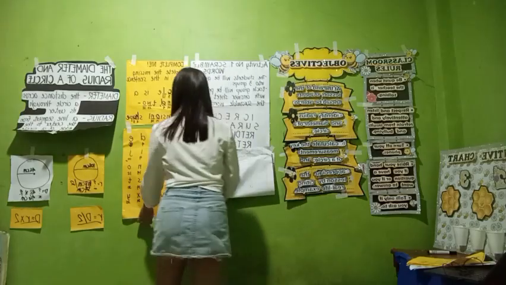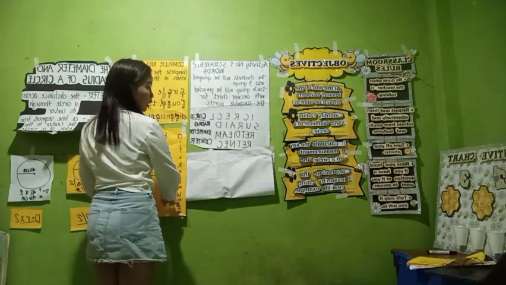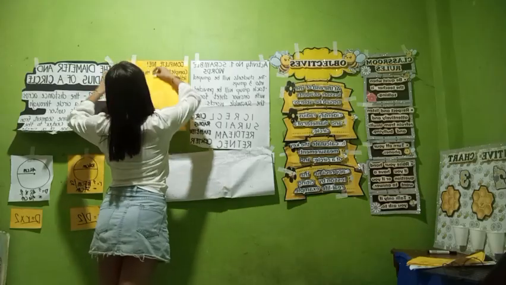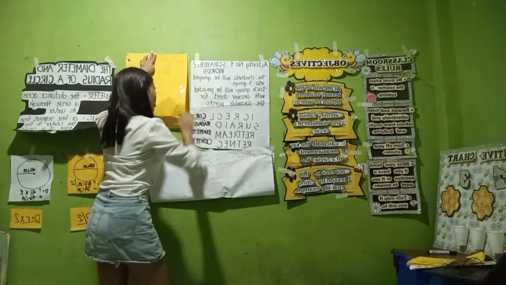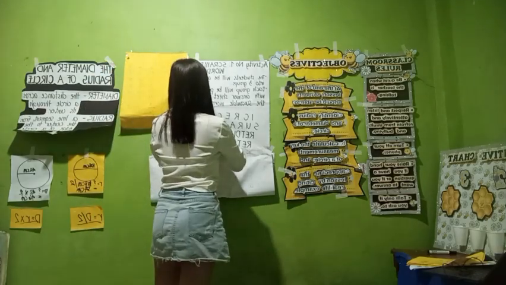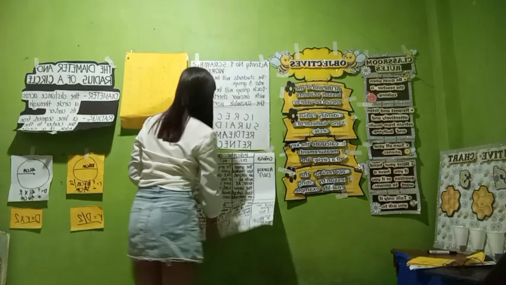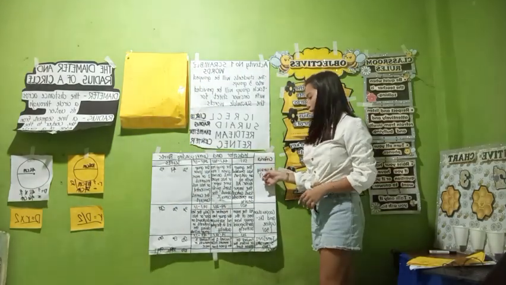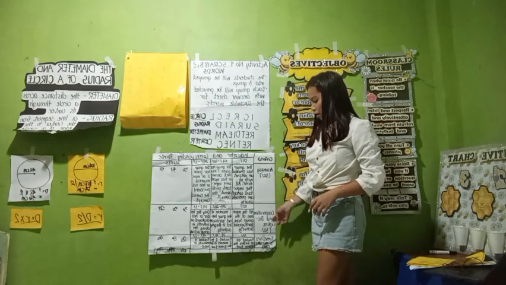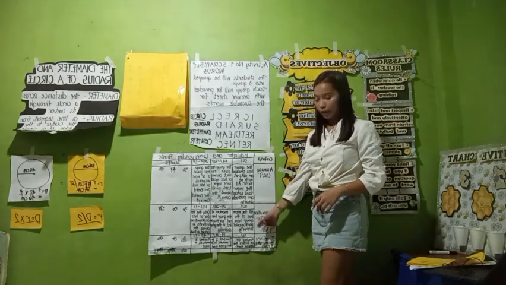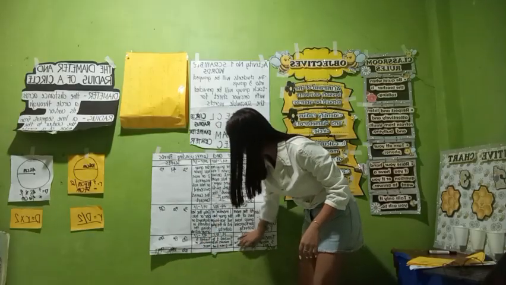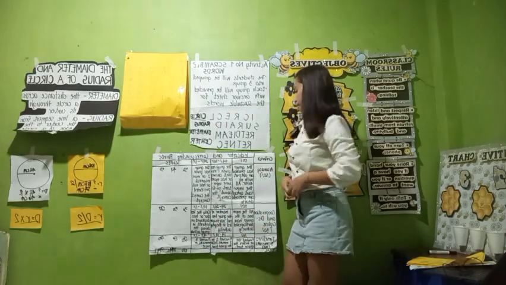Now, before you start, let me present our rubrics. So, criteria: we have accuracy 50%, cooperation and discipline 30%, and timeliness, which is 20%.